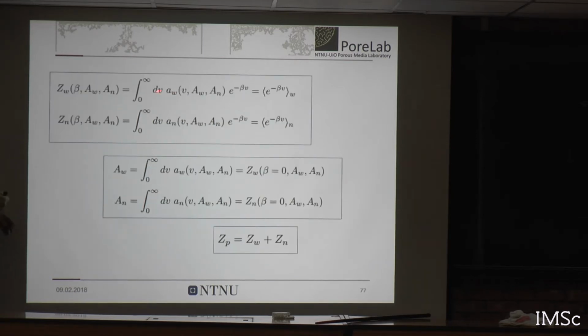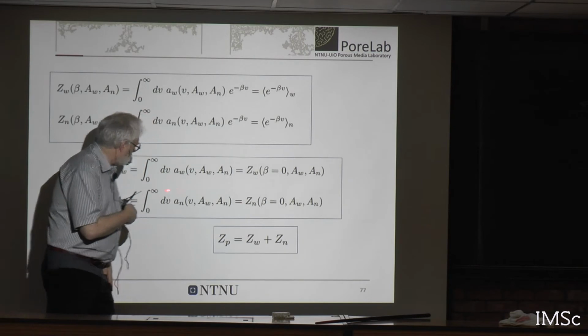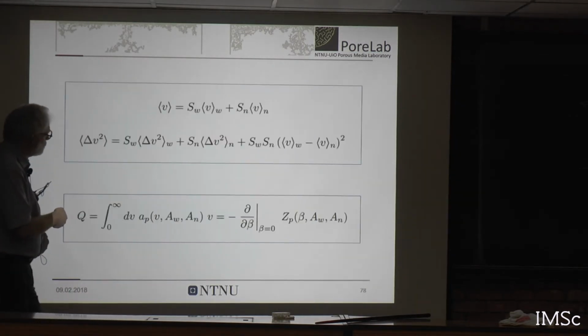And here I set up a generating function by just Laplace transforming the thing. And I'll have a total, then, z, it's perhaps not so strange that I call it z, and then there's a sum of the two here. And I've introduced a parameter beta here. It only makes sense to set beta equals 0 here, but this one with beta equals 0 is the area here, and so forth.